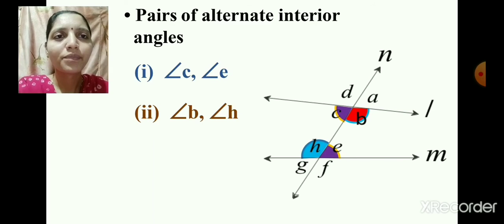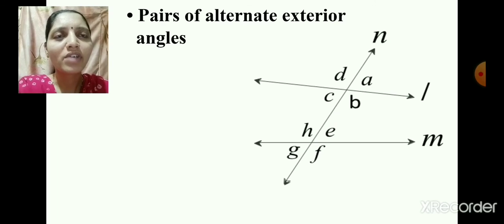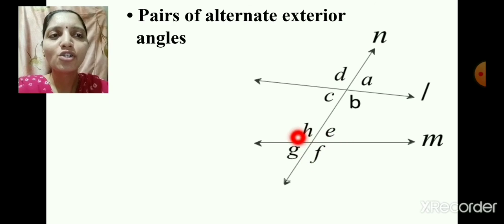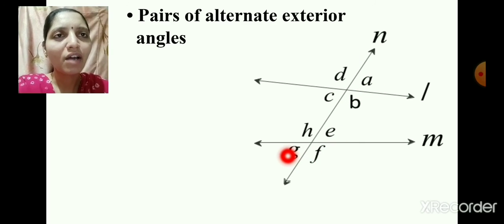Yes. Now let's try to understand the pairs of alternate exterior angles. We have seen the interior angles. Now what will be the exterior angles? The angles which are present on the exterior part of the two lines. So these are the exterior angles: angle D, angle A, angle F and angle G. Now we have to see the alternate exterior angles.